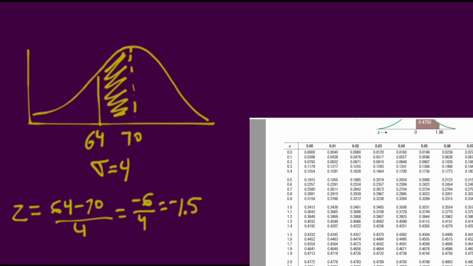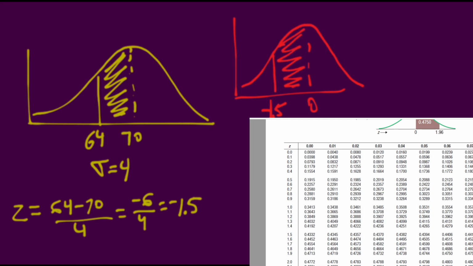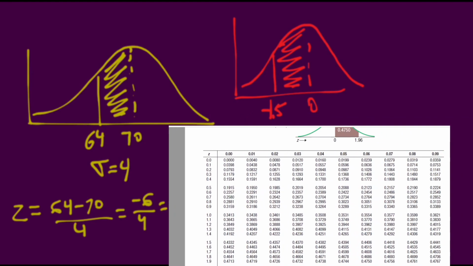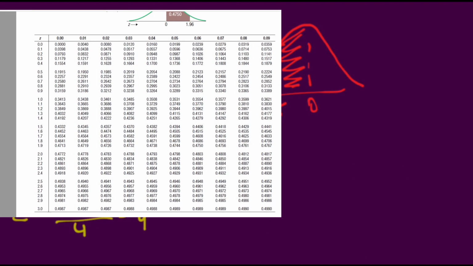Well, first we know we're dealing with the normal distribution. Okay, from 0 to negative 1.5. And we can look up this area on the z-table. Except we can't seem to find negative 1.5 here, right? They're all positive. So here's where we need to rely upon one of the key properties of a normal distribution, and that being the symmetry.